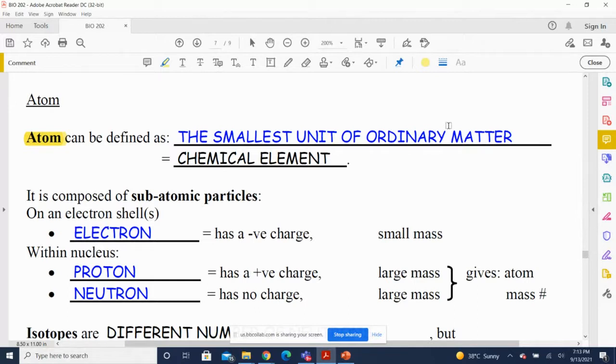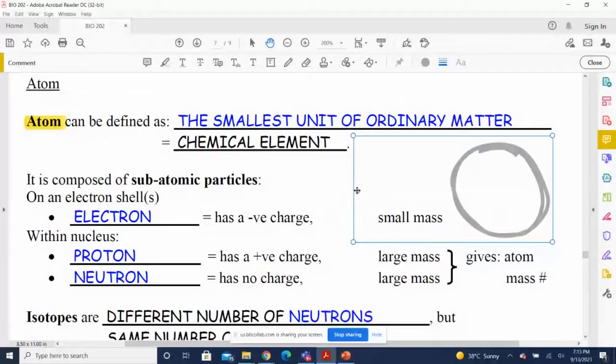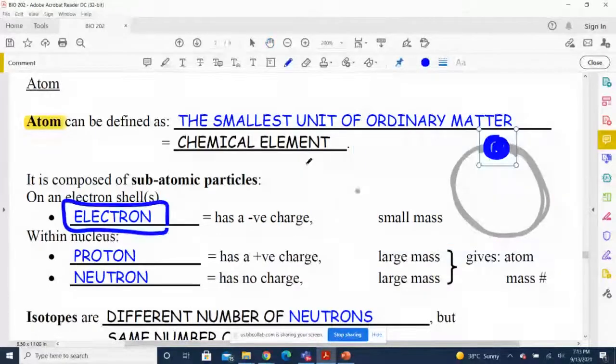So electrons circulate around the atom's nucleus. So let's add an electron here on this diagram. And what's important to note about electrons is that they carry a negative charge. So they are negatively charged.